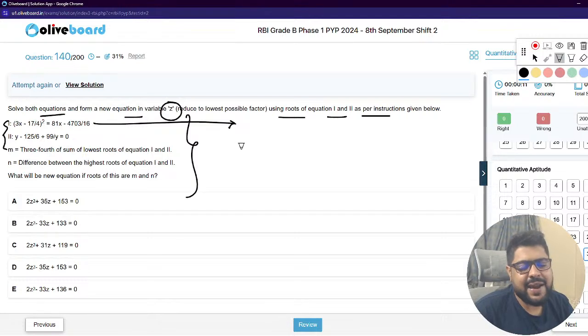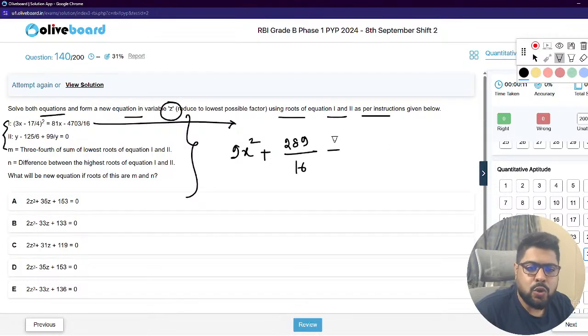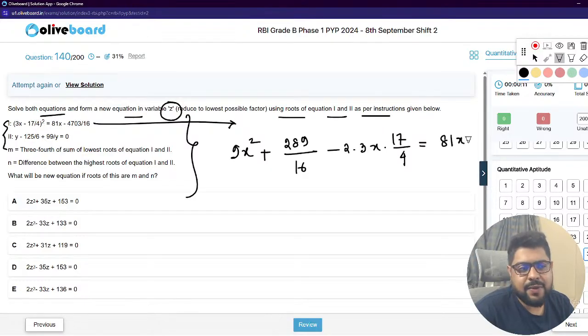So 3x squared, sir, that is 9x squared plus 17 squared, 289 by 4 squared, 16, minus 2 into 3x into 17 by 4, 2ab. It is equal to 81x minus 4703 by 16, sir. So 9x square.